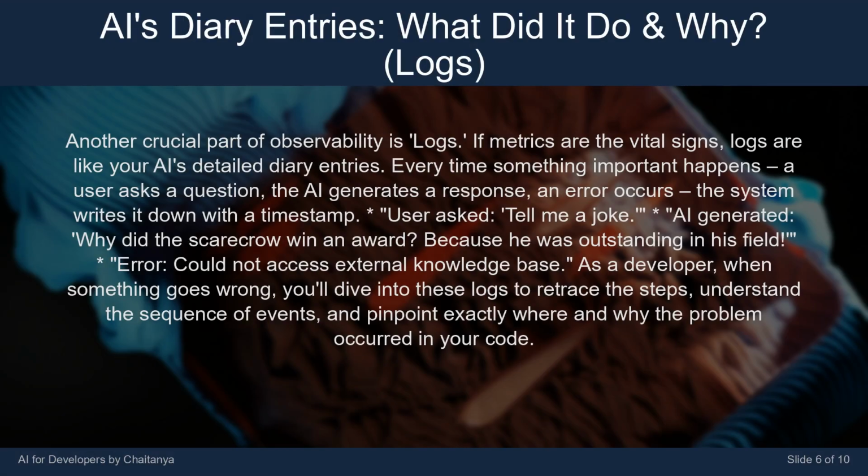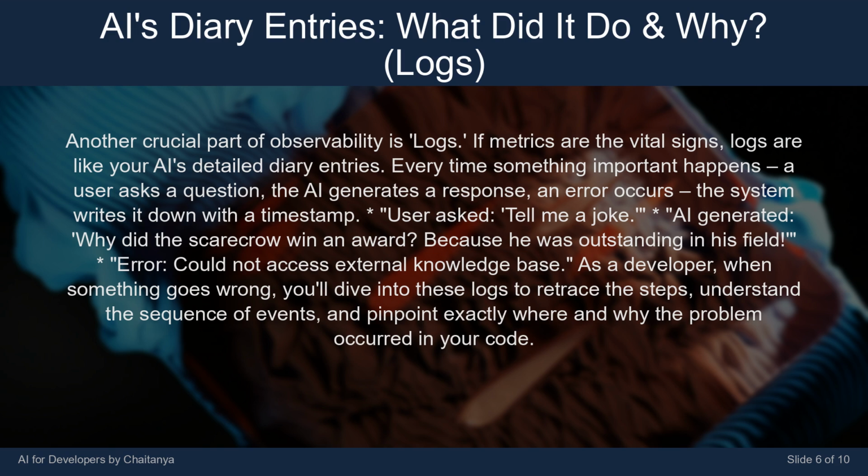Another crucial part of observability is logs. If metrics are the vital signs, logs are like your AI's detailed diary entries. Every time something important happens, a user asks a question, the AI generates a response, an error occurs, the system writes it down with a timestamp. User asked: tell me a joke. AI generated: Why did the scarecrow win an award?